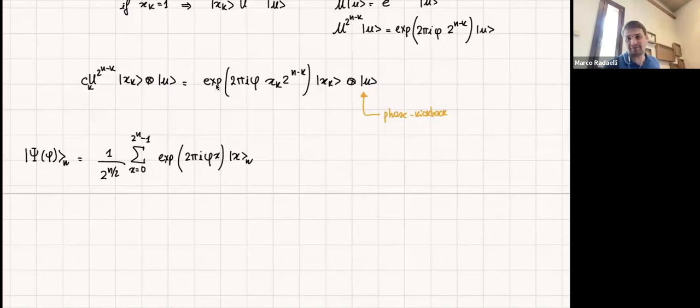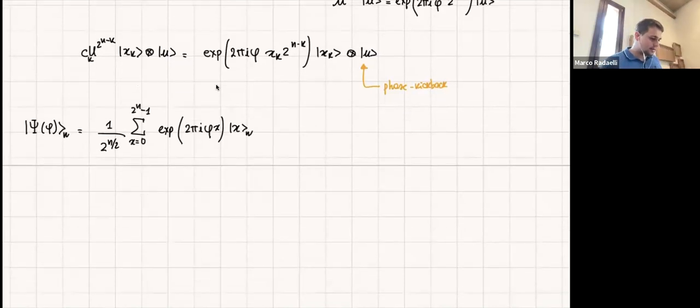This is the overall effect of the quantum phase estimation circuit.